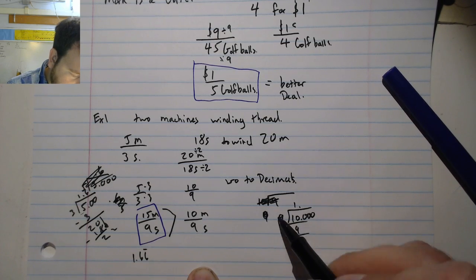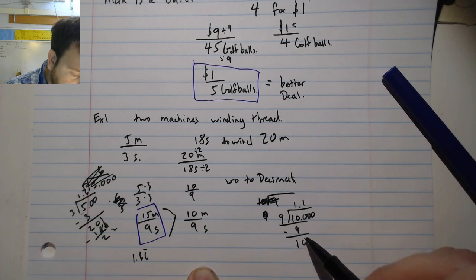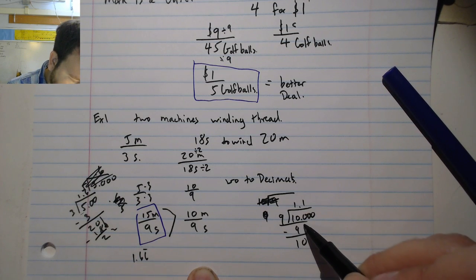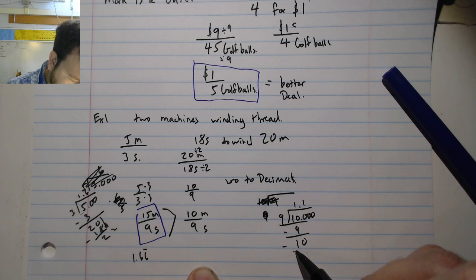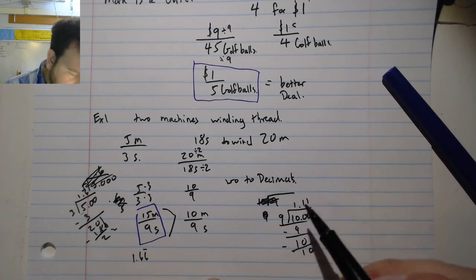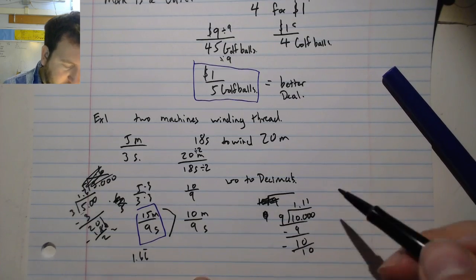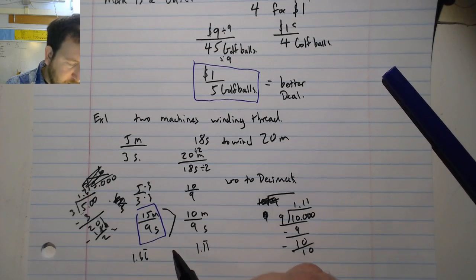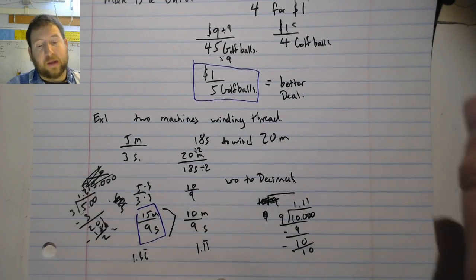Subtract. 1. I think I'm going to see a pattern here. 1.11 repeating. So I can see that, again, it is faster. But it was much faster to do as fractions, or if I wanted to, look and see as a fraction.